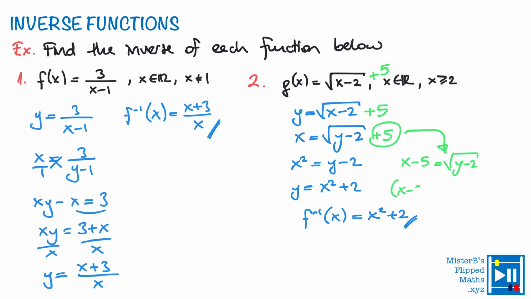So it's going to be (x minus 5) squared equals y minus 2, and so on. Careful with that. If there is an additional subtraction here outside the square root, then you have to take it to the other side first, and then take the square of both sides.